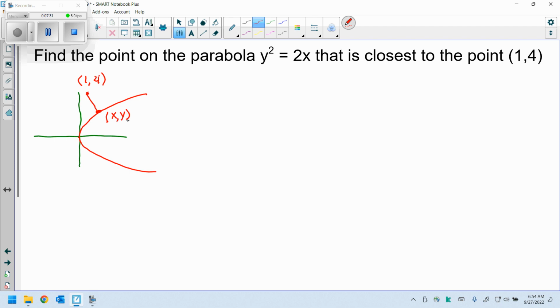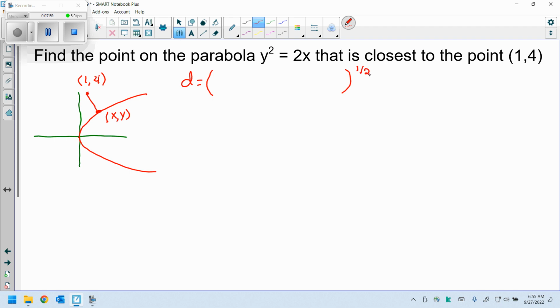So I have to use the distance formula. The distance formula is equal to the square root. Well, now wait a second. I know I'm going to have to take the derivative of this thing, so instead of saying square root, I'm going to say that it's something to the 1/2 power.